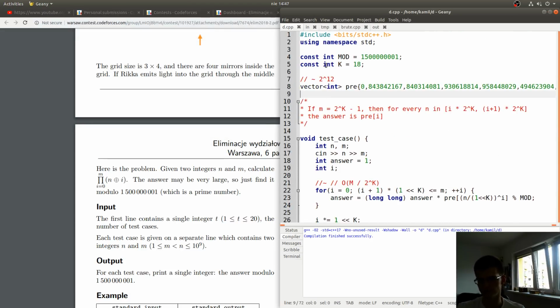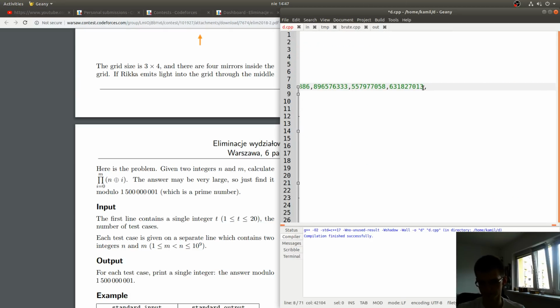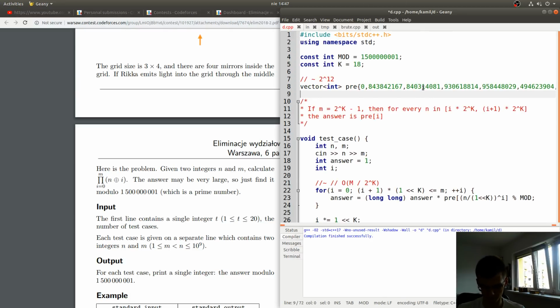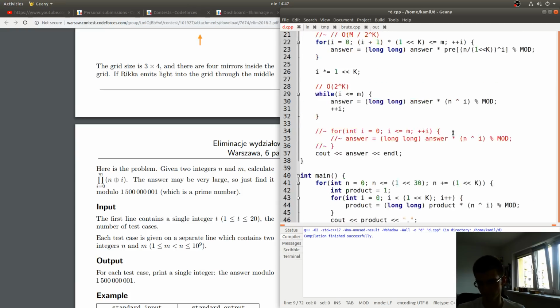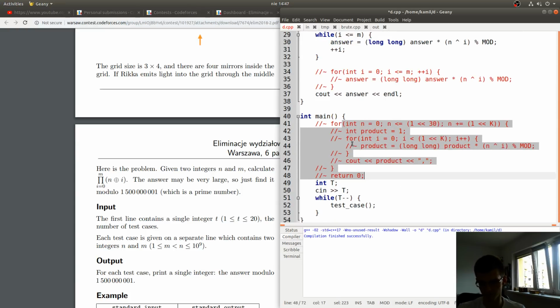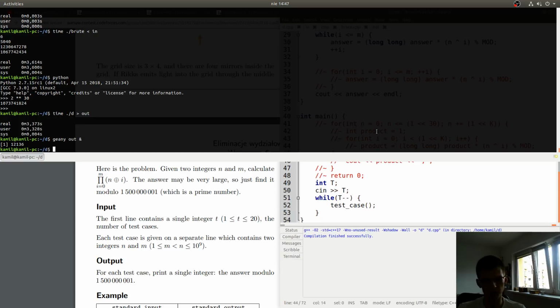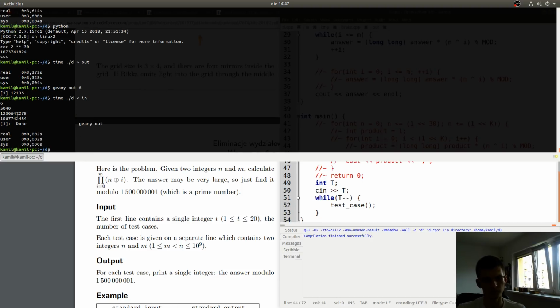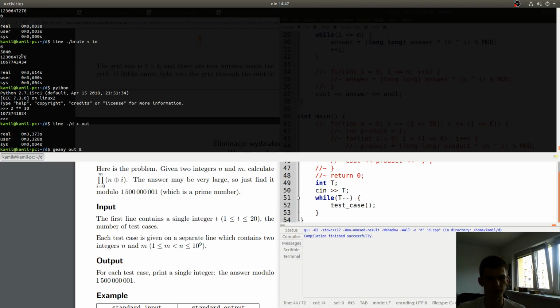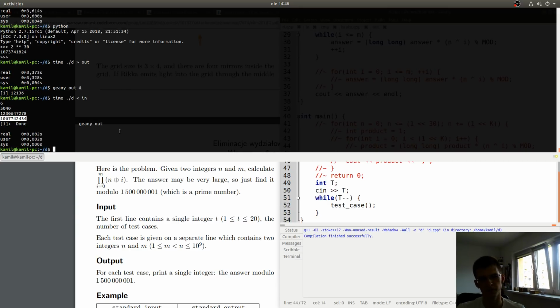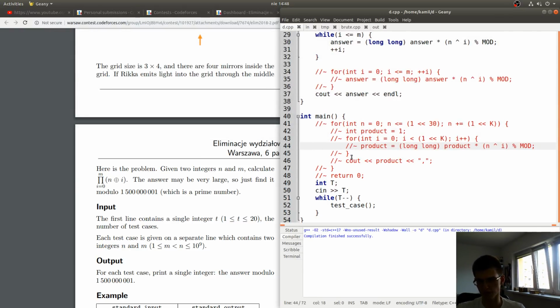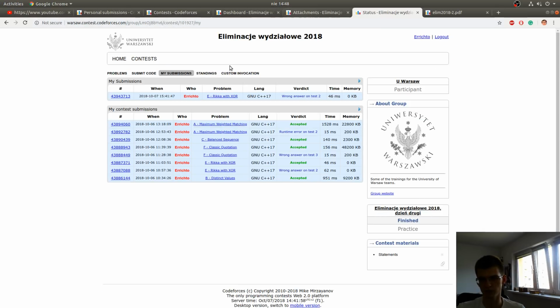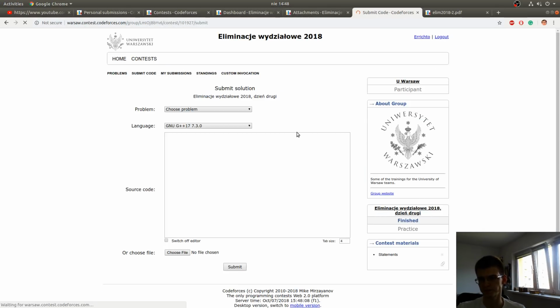Let's paste it. I can remove it again. And let's see if now it works for this test, where previously it printed 0. Now it works, and works fast. The answer is the same, 106, sorry. Now I can submit, and I think it should be enough to get AC.